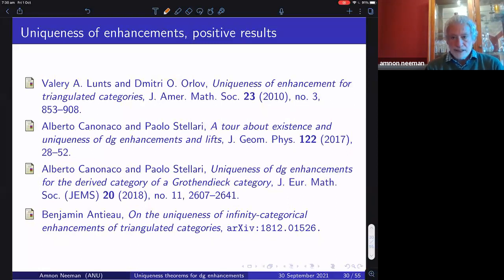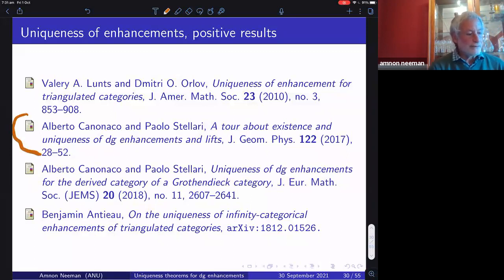The first positive result appeared in 2010. It's a paper by Lunts and Orlov. And it proves what it says it does. It proves the uniqueness of enhancements for certain triangulated categories. Now, paper 2 is a survey.